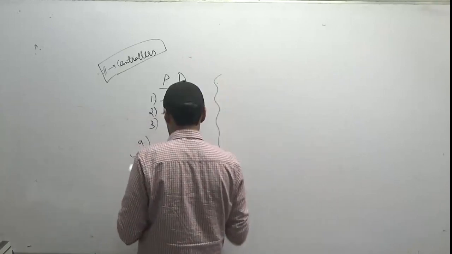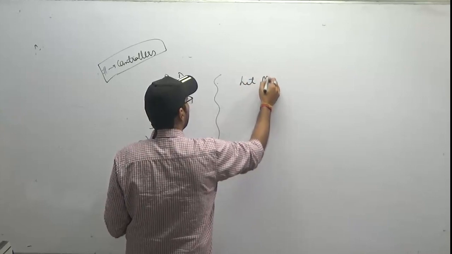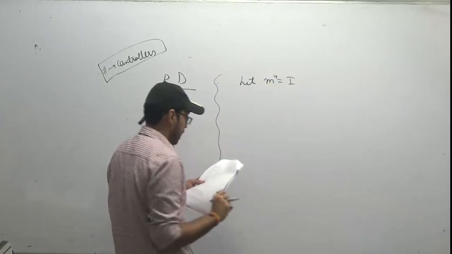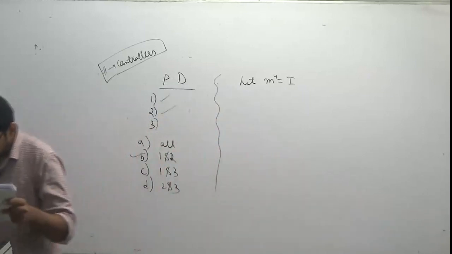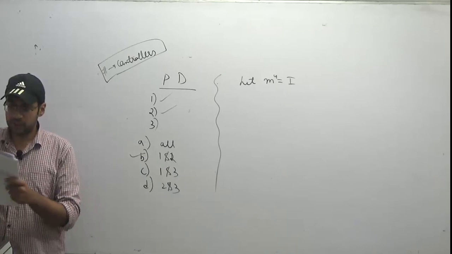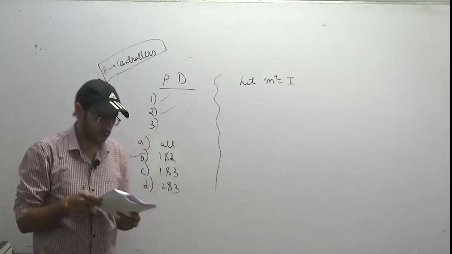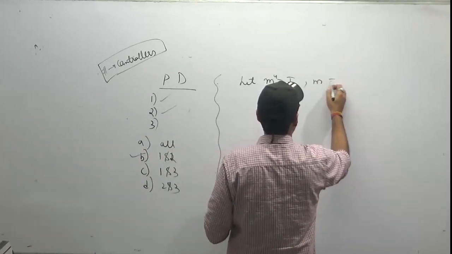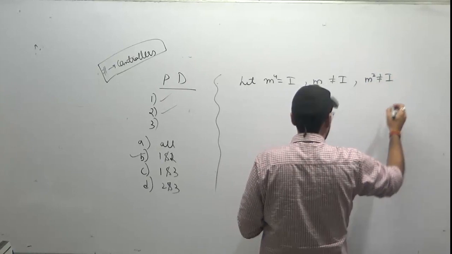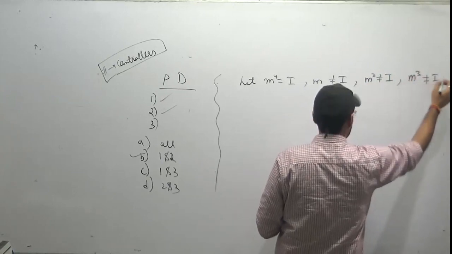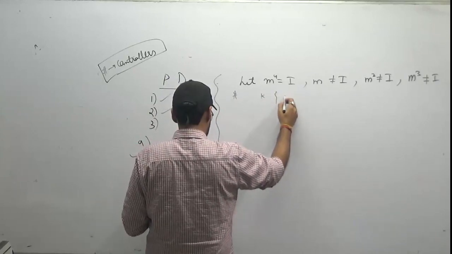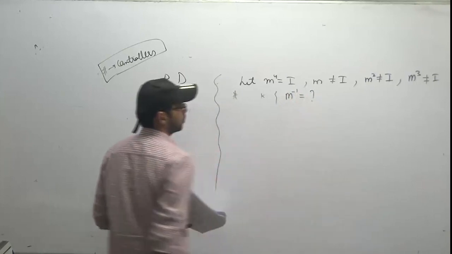They are saying let M^4 = I, that is the identity matrix, as well as M is not equal to I, M^2 is not equal to I, and M^3 is not equal to I. Then they are asking, for any natural number k, what is the value of M inverse? This is the question.